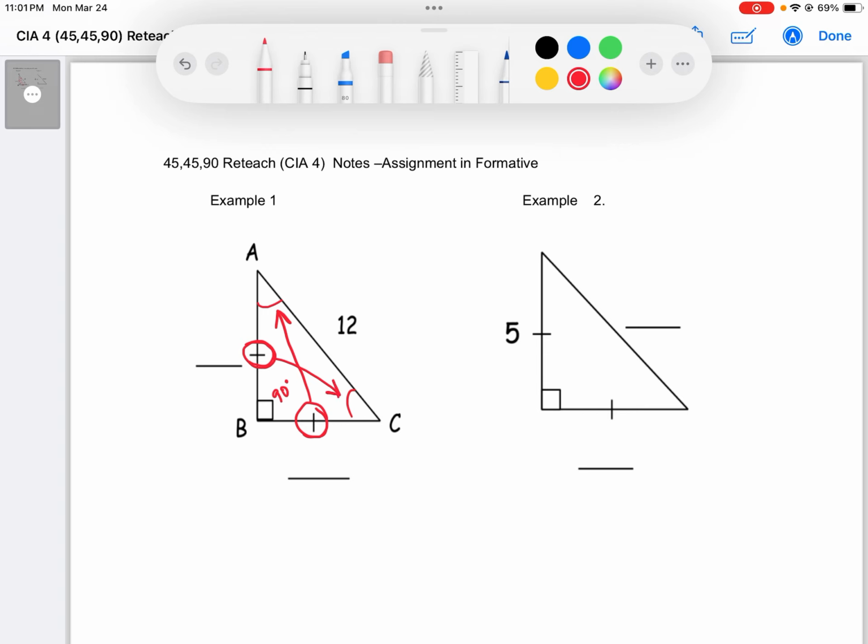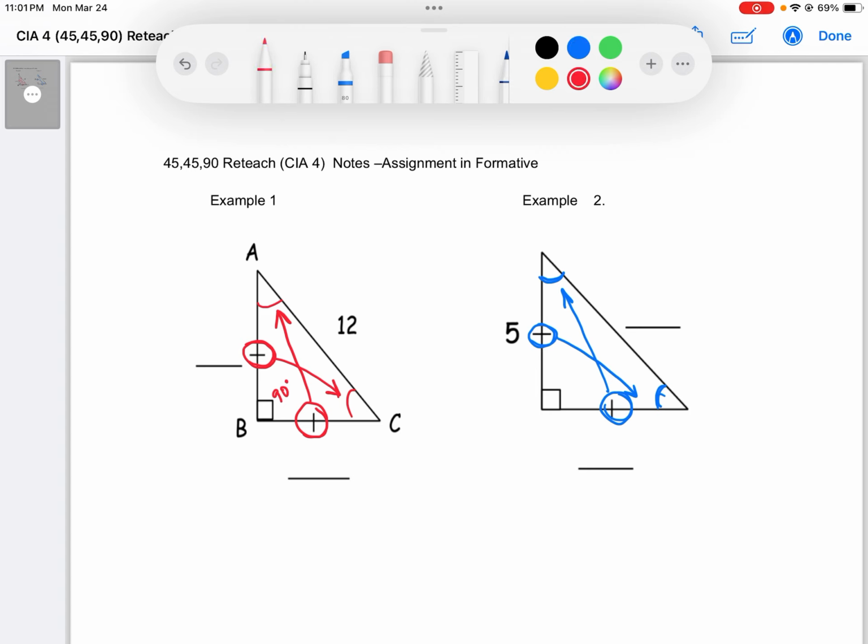That's something we learned pretty early in our study of triangles: when two sides are congruent, like they are here, their opposite angles are the same.